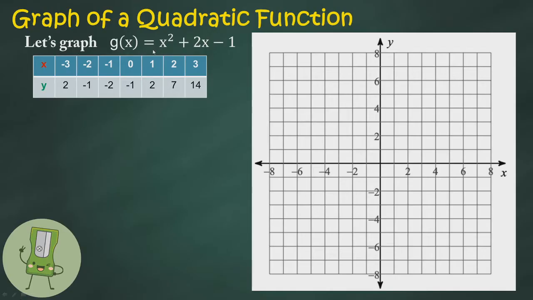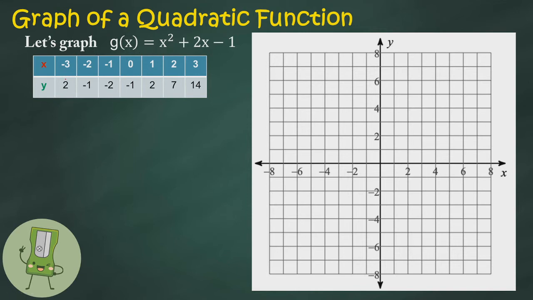Now going back to our quadratic function earlier, which is g of x equals x squared plus 2x minus 1 with its table of values, let's have the graph of this quadratic function. So gamitin natin yung table of values niya to plot the points. And then, after that, malalaman natin kung ano ba talaga ang graph ng isang quadratic function.